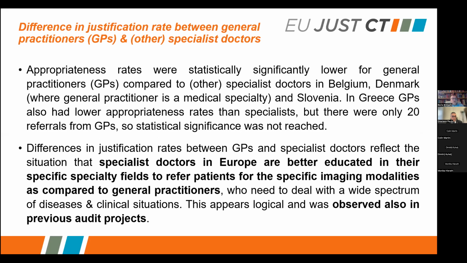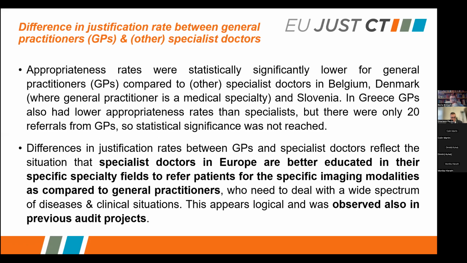If we look at the difference in justification rates between general practitioners and other specialist doctors, appropriateness rates were statistically significantly lower for general practitioners, as I said, compared to other specialists in Belgium, Denmark, and Slovenia. In Greece, they also had lower appropriateness rates, but there were only 20 referrals from general practitioners.